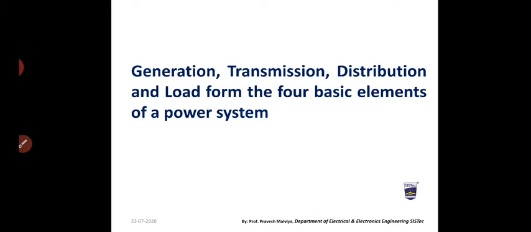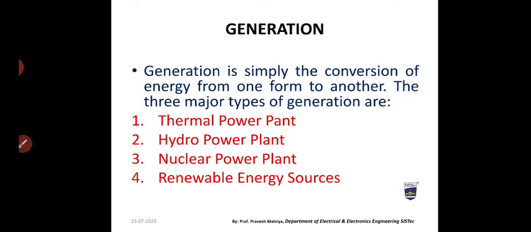So these are the main sections of the power system, and in this video we are going to focus only on generation section of the power system. So what is generation? Electrical energy generation is not just generation, it's a conversion of some other kind of energy into electrical energy.